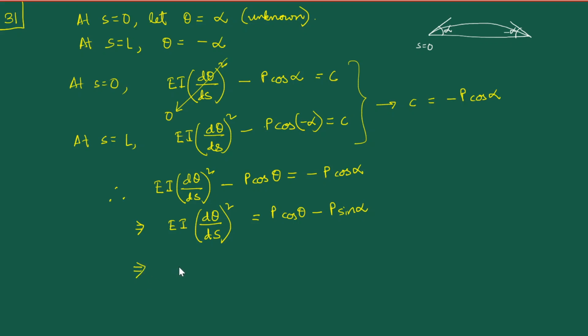Now you see, after this stage has been reached, what we would like to do is take the square root of this thing. Okay, so let us do that. I think I missed a half all throughout.